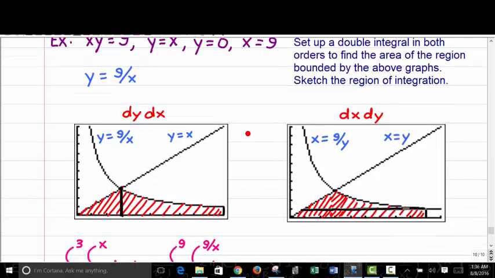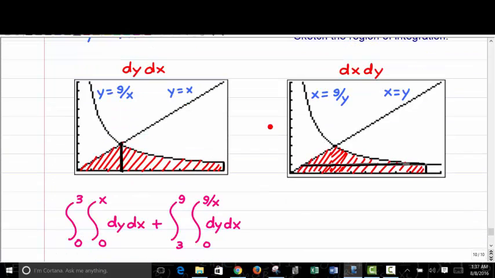That was one of the given boundaries: x equals 9. So x is going from 3 to 9. Actually that graph 9 over x is never going to touch the x-axis. Granted, the limit of it would be 0 as x goes to infinity. But remember, limits don't have to always equal the value. As it approaches 0, it never hits it.